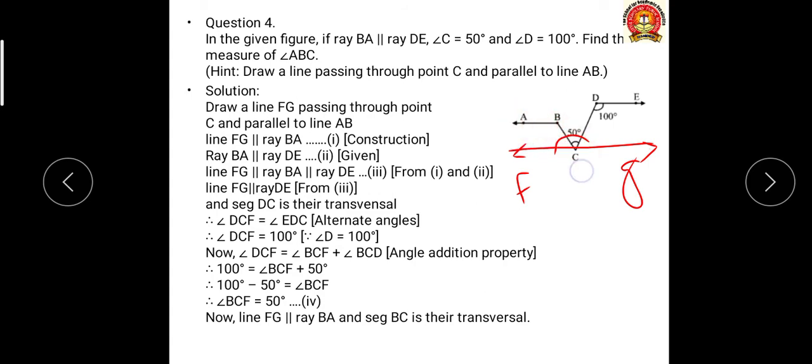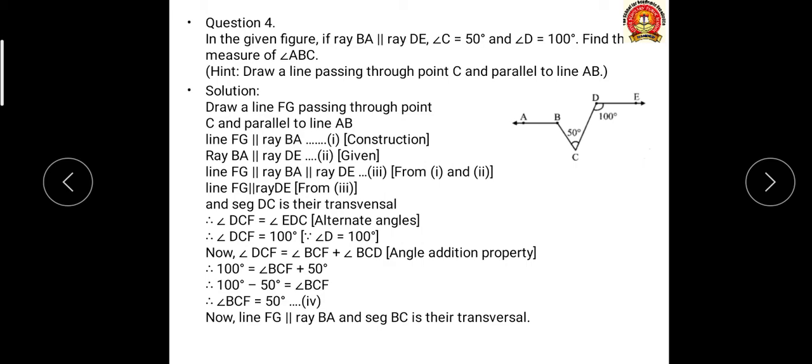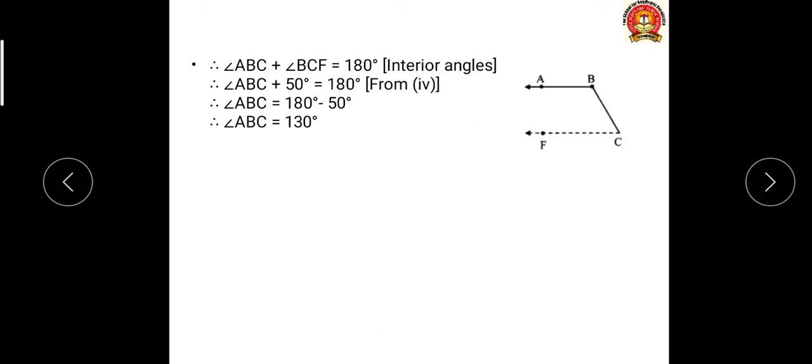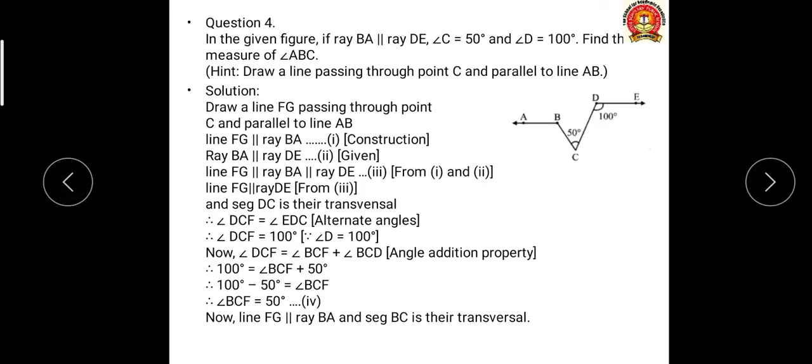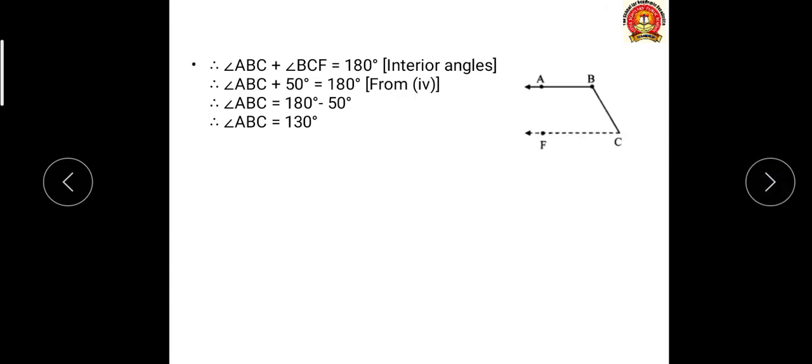Means angle ABC plus FCB is equal to 180. So ABC plus BCF is equal to 180. What is BCF? 50 degrees. So 180 minus 50, you will get angle ABC is equal to 130.